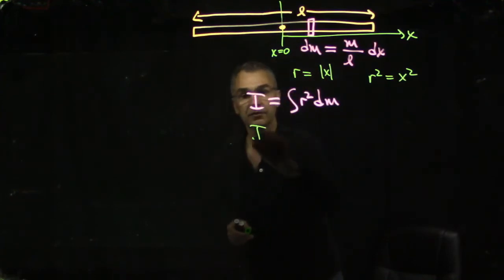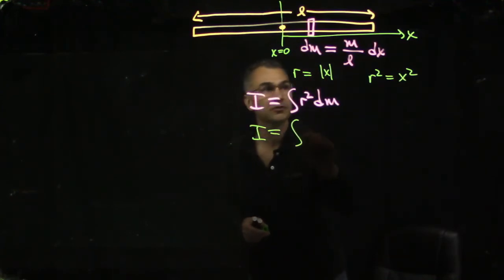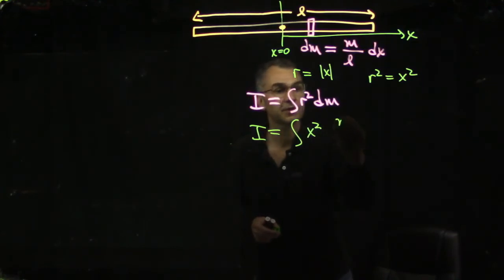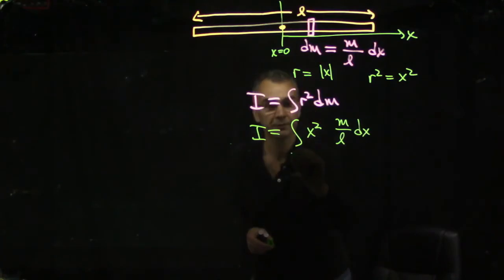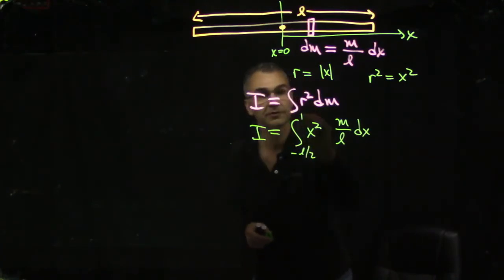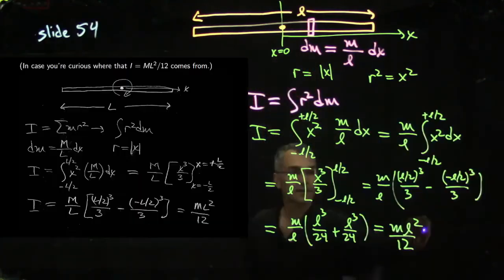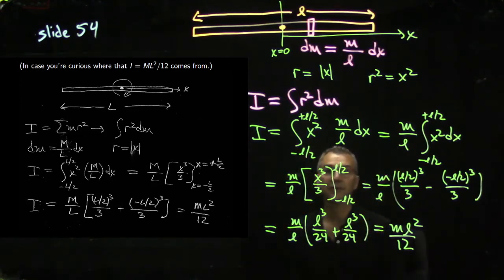The rotational inertia is the integral of x squared, with dm equal to m over L dx, integrated from minus L over 2 to plus L over 2. And there we are, ml squared over 12. I also worked it out for you on slide 54. You don't need to know how to do that, but you can use it if you're curious.